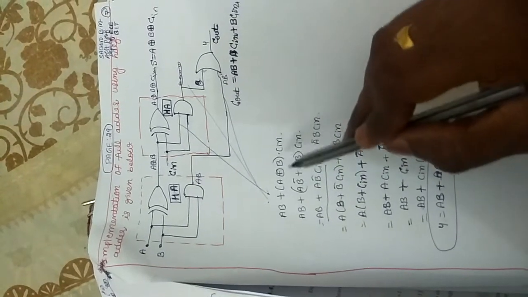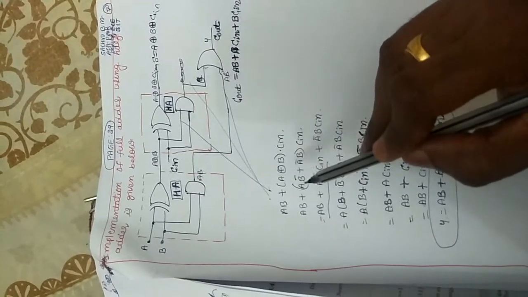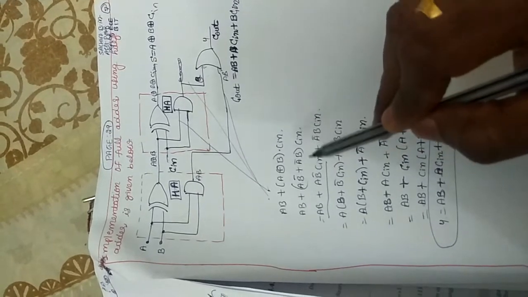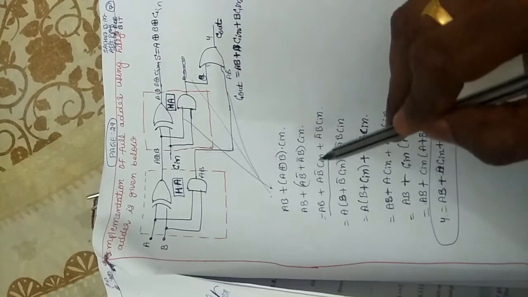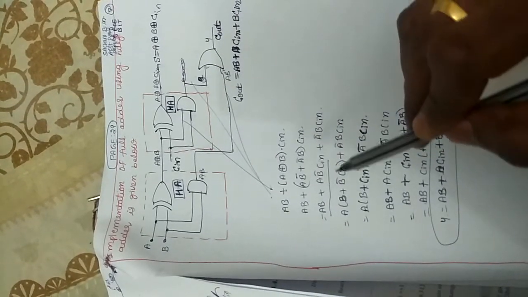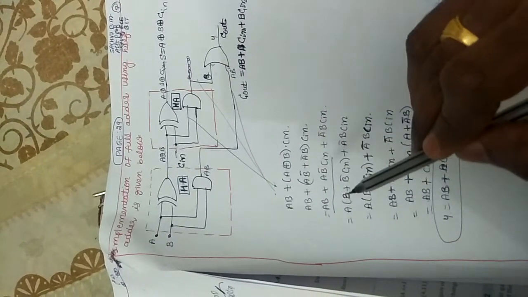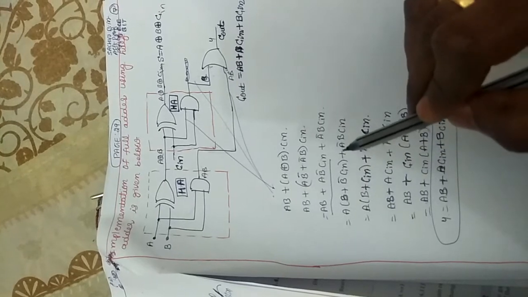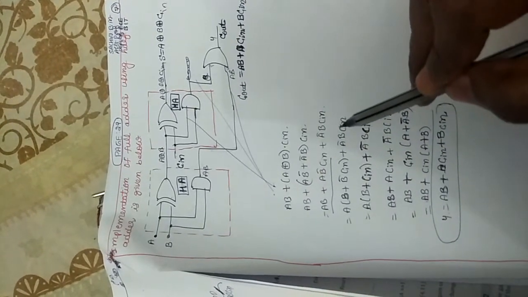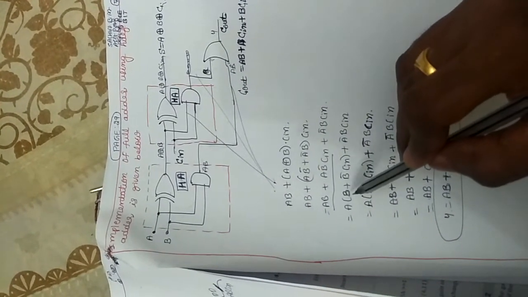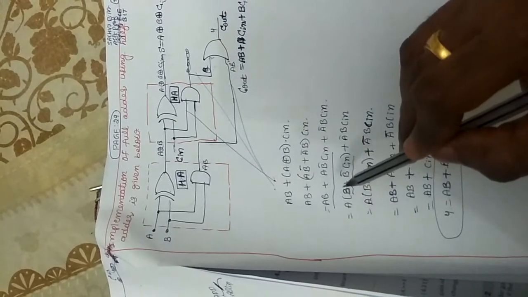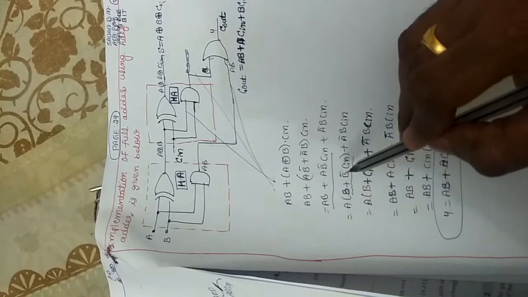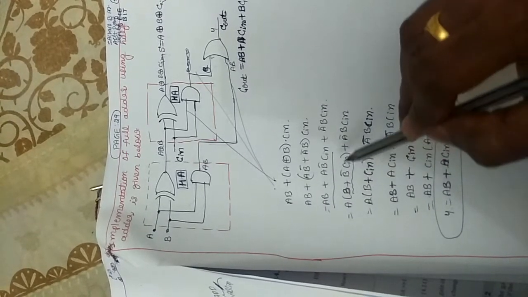Then you simplify this one. A XOR B means A B bar plus A bar B. Then you multiply C in inside the bracket: A B bar C in plus A bar B C in. Here you take A as a common factor, and you are left with B plus B bar C in, plus A bar B C in. This is a very important Boolean identity. If it is in this form, B plus B bar C in, we can write it as B plus C in.